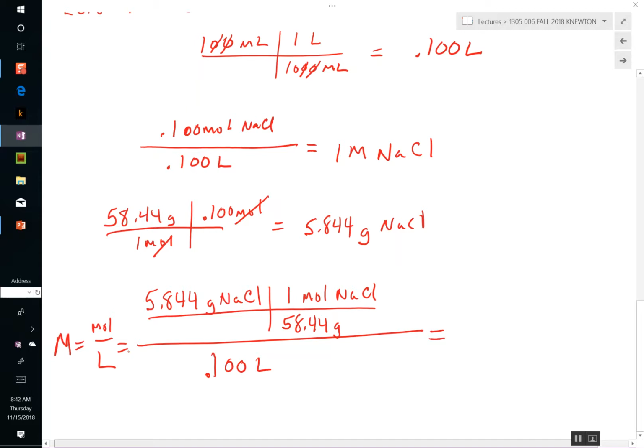So that's what I'm doing here. In the numerator, I'm figuring out how many moles of this stuff do I have here. In the denominator, I'm figuring out what is the volume of the solution. 5.844 divided by 58.44.